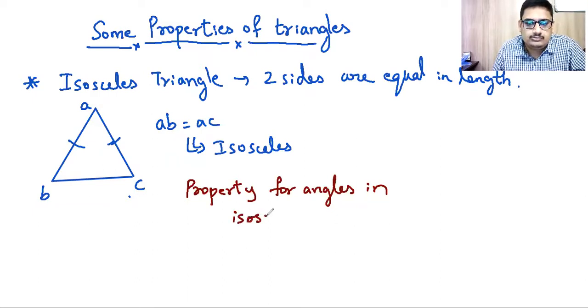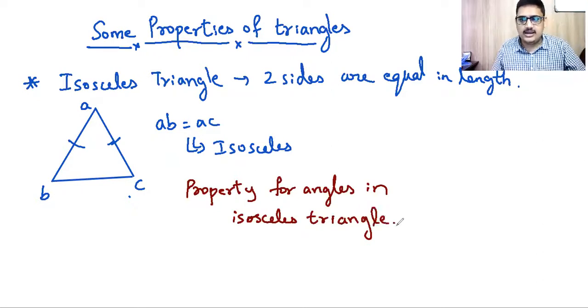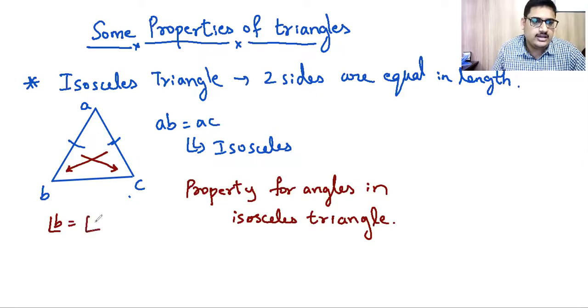So can anybody tell me what is the property? The property is that the angles opposite to equal sides of an isosceles triangle are equal. So AB is equal to AC. For side AB, the angle opposite is angle C. For side AC, the angle opposite is angle B. So angle B is equal to angle C. This is the implied result, or the property, of an isosceles triangle.